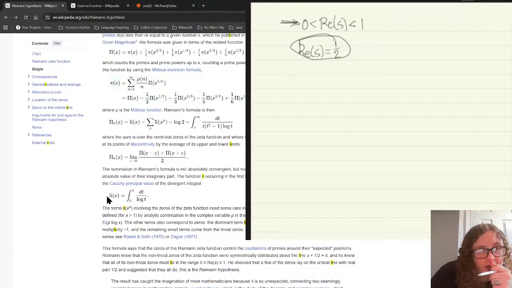Oh, it's given here. Li of x is equal to the integral from 0 to x of dt over log t.